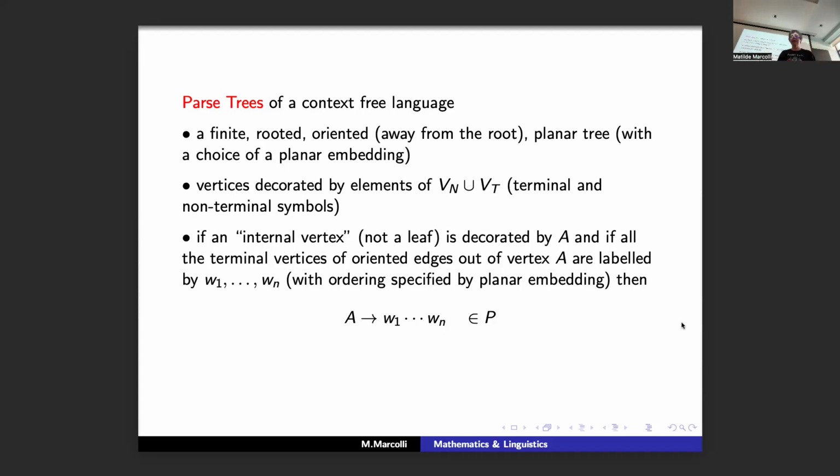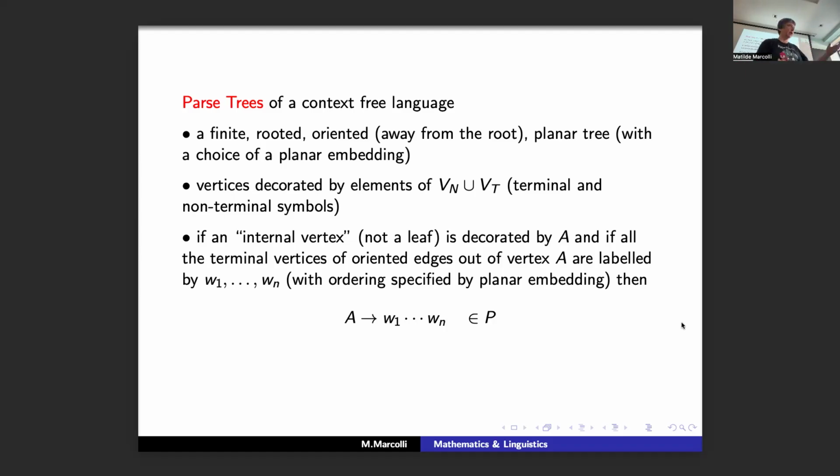But the idea is that whenever you have, for example, a production rule that replaces a non-terminal with a certain string, then you think of a piece of your tree which has this vertex that branches out to n vertices underneath, which are labeled by the corresponding elements of this word. And so the vertices are decorated either by non-terminals or terminals. The leaves in the end will be all terminals.